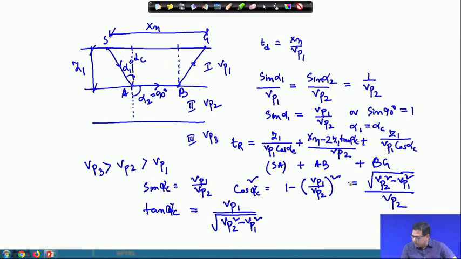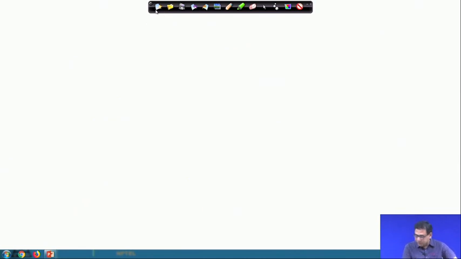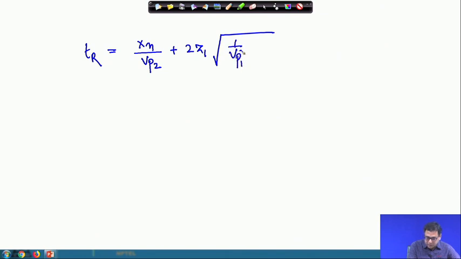Now if I put these values and simplify this equation, in this T_R equation, I will get the final expression of T_R equal to x_n divided by V_p2 plus 2 z_1 root over 1 by V_p1 square minus 1 by V_p2 square. So this is our equation number 2.